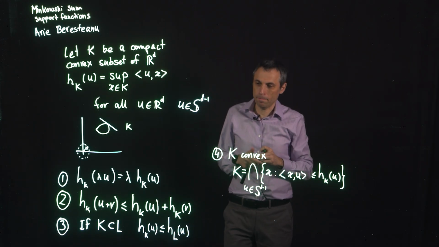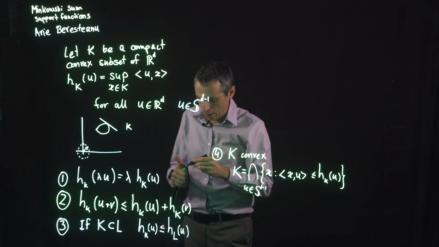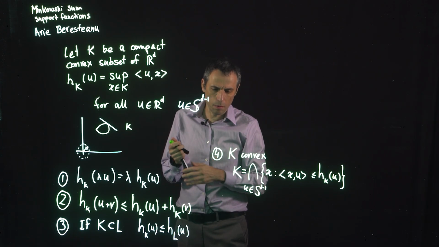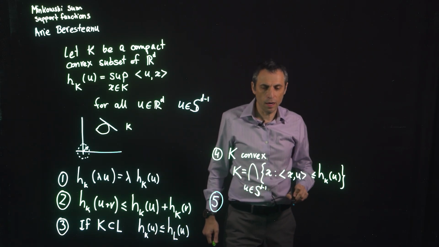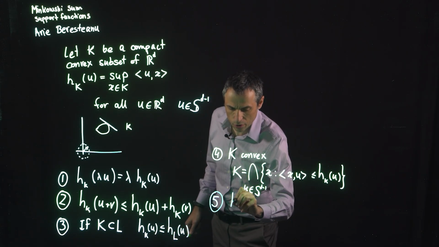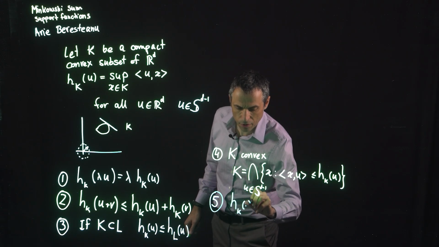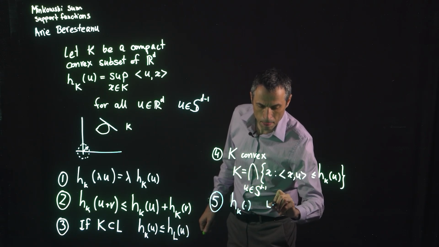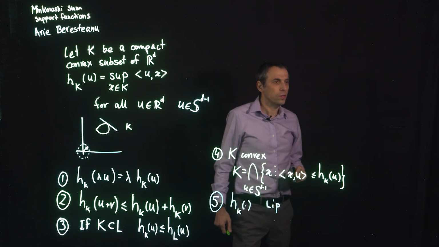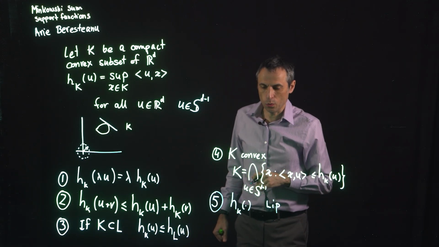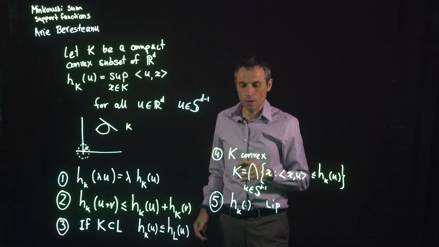So rotate over the circle, take all the half spaces below the supporting lines, intersect them, and you redraw the shape. There is another property, a little bit less crucial, but it's good to know that it's a well-behaved function. The support function h_K, as a function, is Lipschitz continuous, and we can bound the constant.